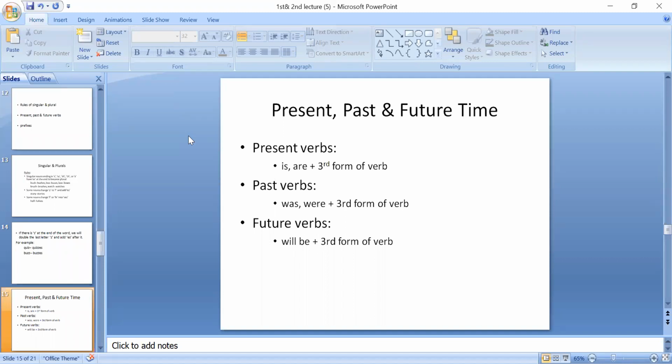There can be will be or there can be shall be. With will be, we'll be using the third form of verb. You just have to keep it in mind, these verbs only, and the third form of verb. Present verbs is, are, past verbs was, were, and future verbs will be. And with all these verbs, we will be using the third form of verb.